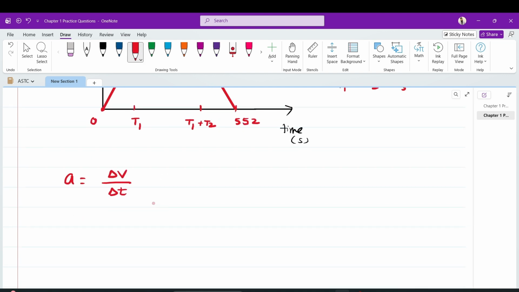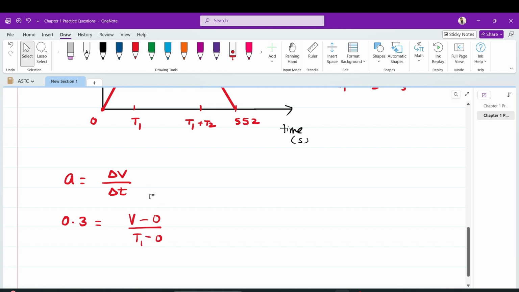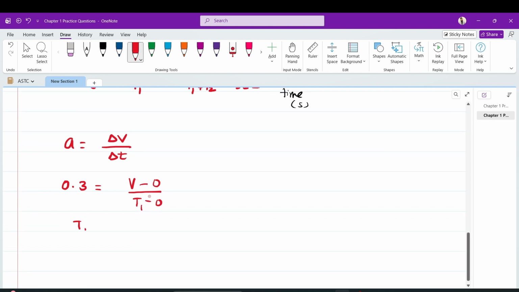Acceleration is 0.3, change in velocity will be v minus 0, and this will be t1 minus 0. So t1 is equal to v over 0.3, which is equal to 10 over 3 v seconds. Okay, that is t1 expressed in terms of v.